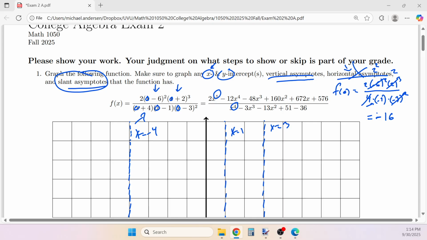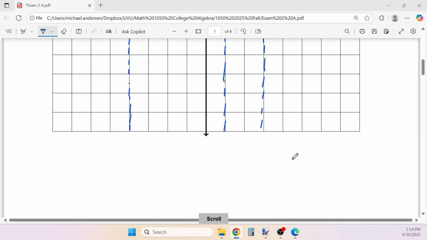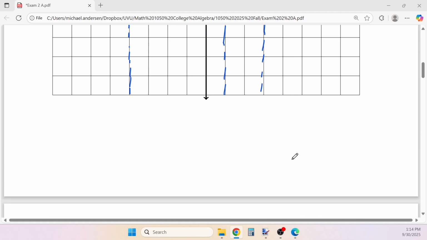There we go. Okay, so now I can scroll down and use my space here to find that value. I have to do long division.